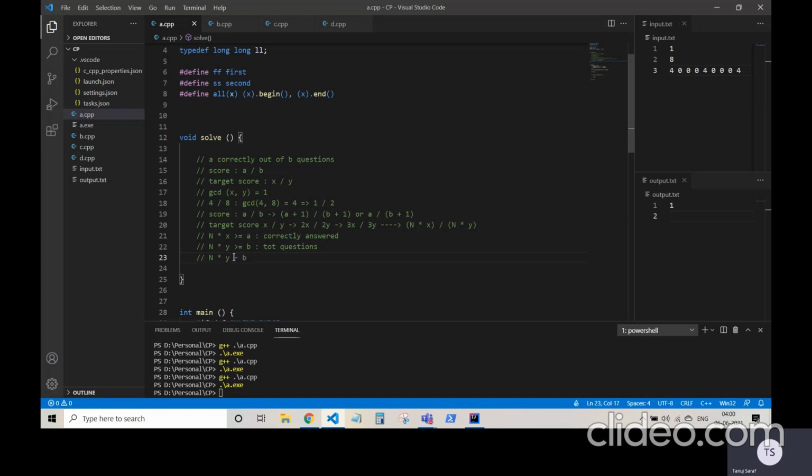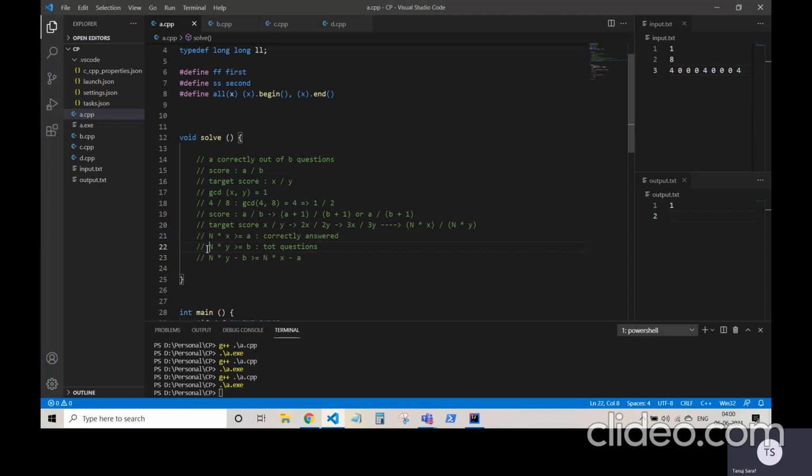We attempted n into y minus b more questions, right? This is the count of the questions that we have attempted, and this is greater than or equal to the number of extra questions that we have answered correctly, that is n into x minus a, right?